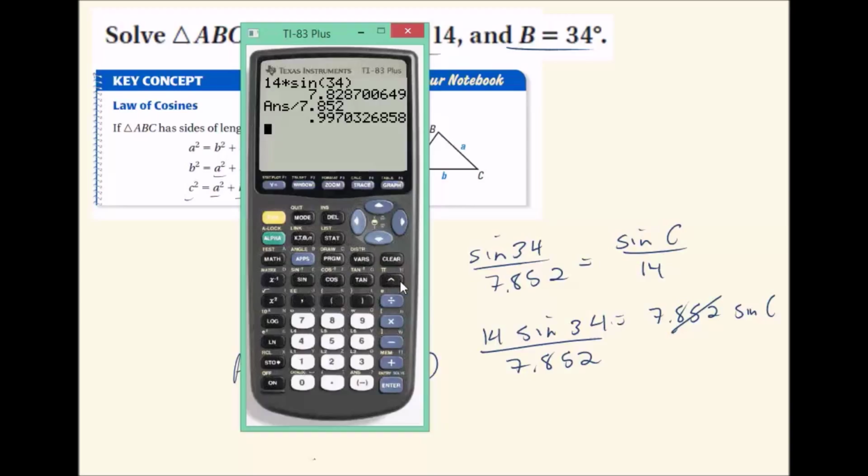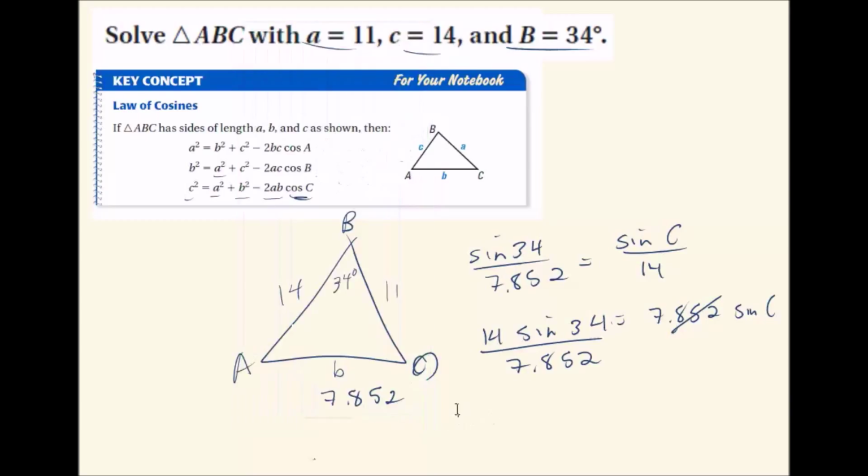Okay, so sine C equals that. Of course, we need to do the second sine to find the angle. The angle is 85.560. So sine C was equal to about 0.997, and then we did the second sine to find the angle, which was 85.560 degrees.